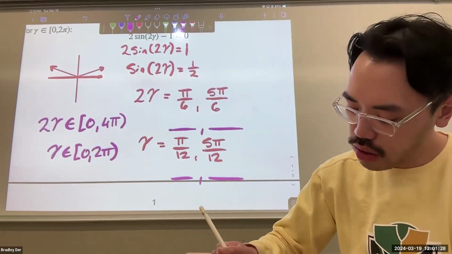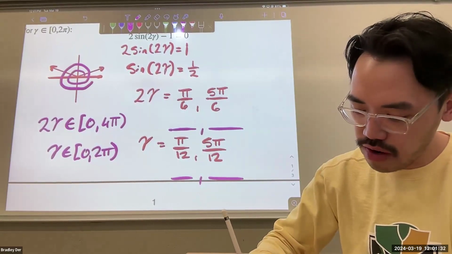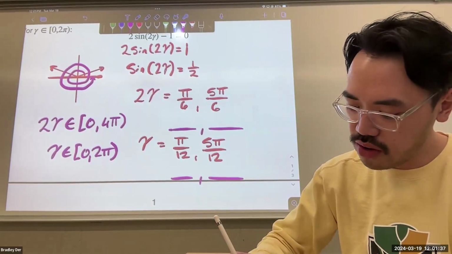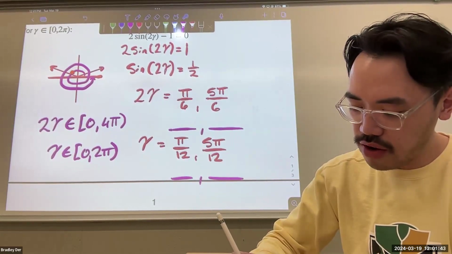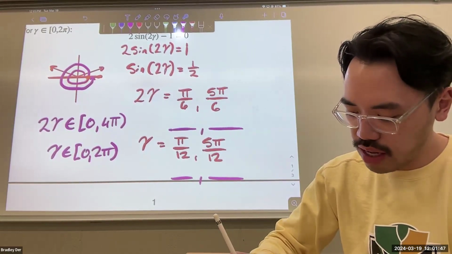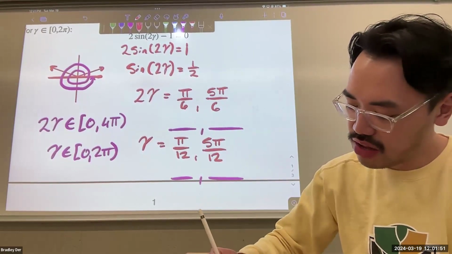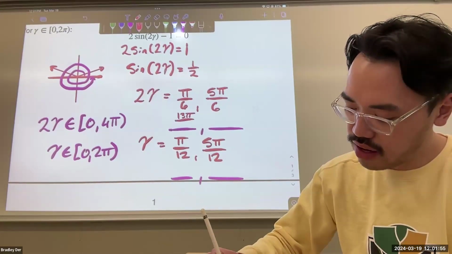Okay, so let's take a look now at the interval from 0 to 4 pi. So that'd be 2 rotations around. This first intersection on that first part of the rotation, that was the pi over 6. If I don't make it for a half rotation around, that would be 5 pi over 6. But if I go around for a full rotation, and then another pi over 6, that would be 12 plus 1 is 13 pi over 6.